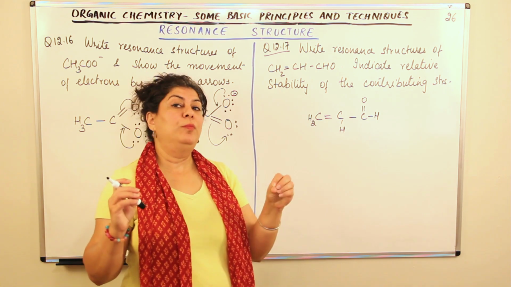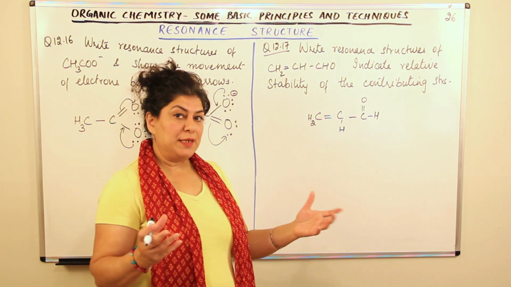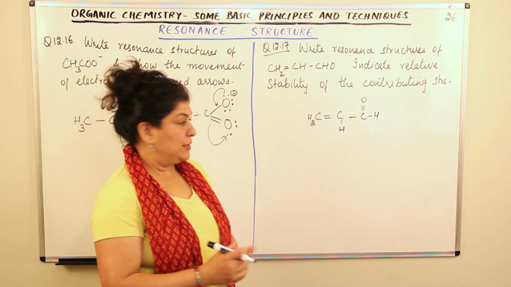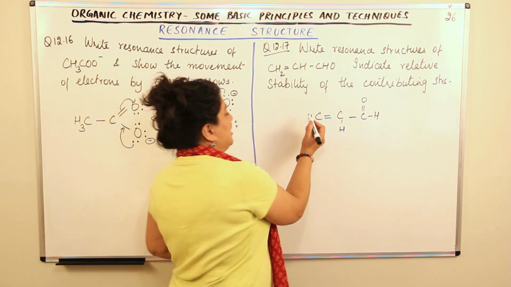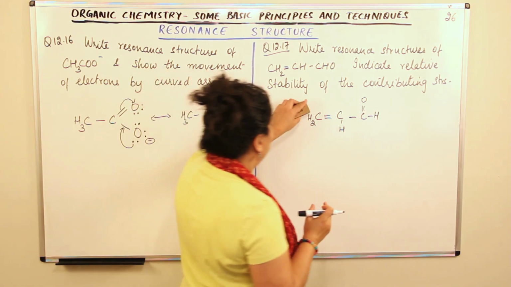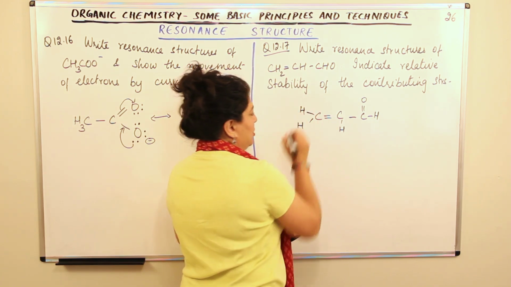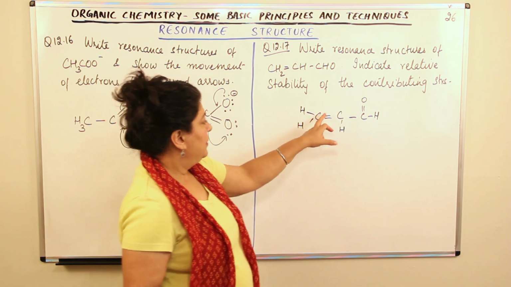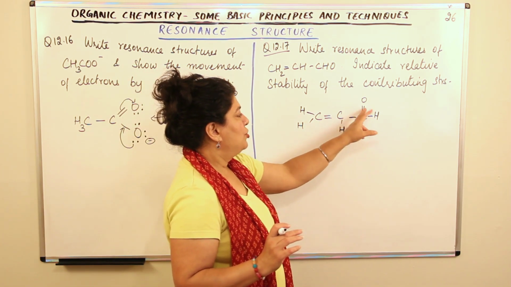Each carbon should have octets completed, each hydrogen should have its duplet complete, and oxygen should also have its octet complete.